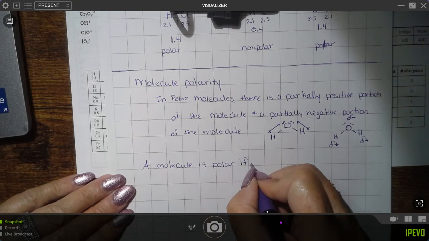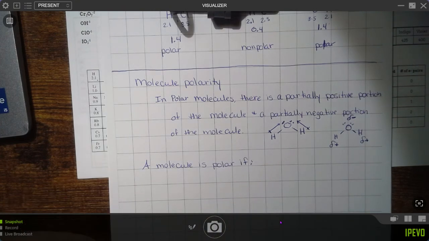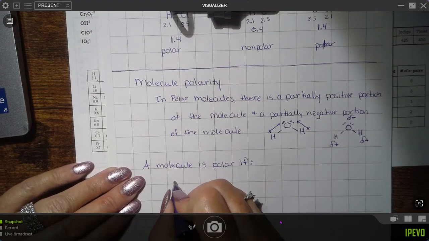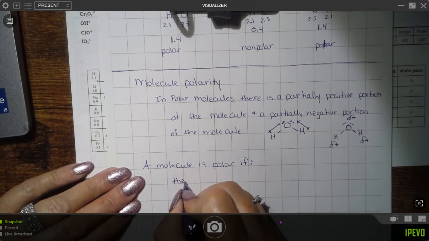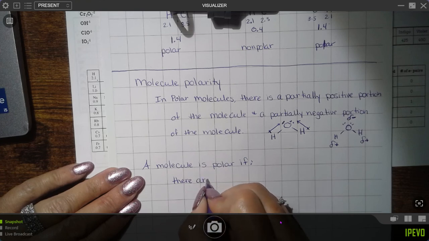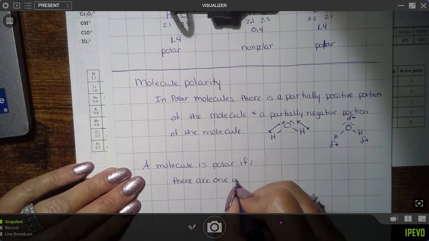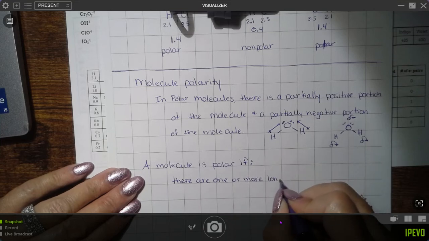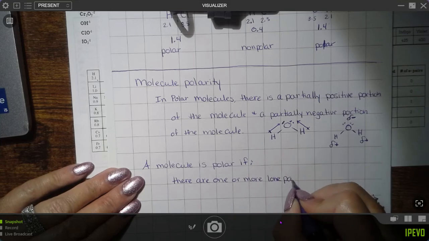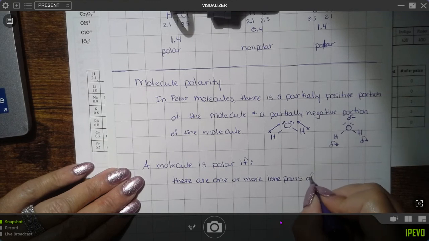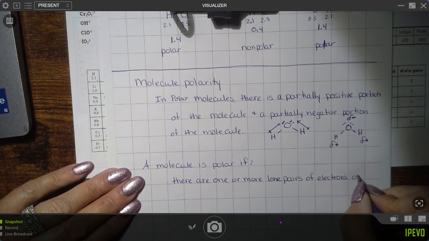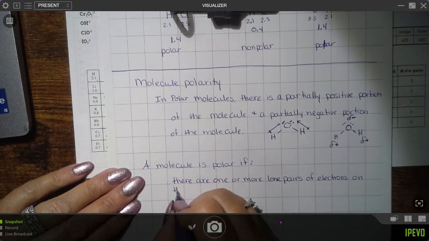There are two ways we would determine a molecule to be polar. A molecule is polar if there are one or more lone pairs of electrons on the central atom.